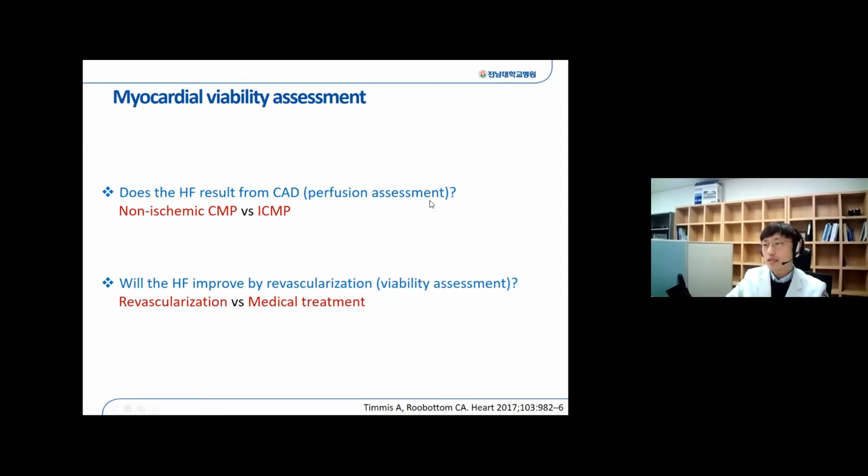Then we should assess the myocardial perfusion, and we can decide whether this case is ICMP or non-ischemic CMP. If the patient is considered to have ICMP, then we should think about myocardial viability. The question is whether the heart failure will improve by revascularization or not. So we should decide revascularization or medical treatment according to the presence of myocardial viability.